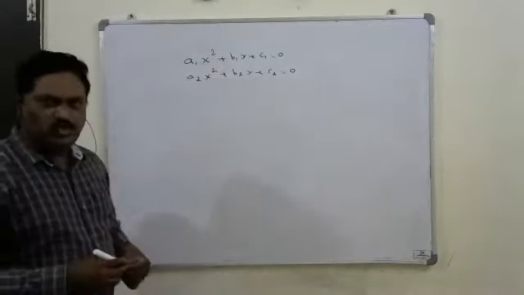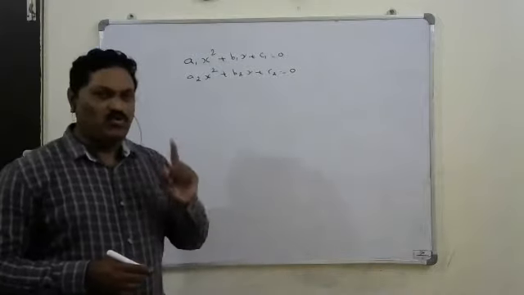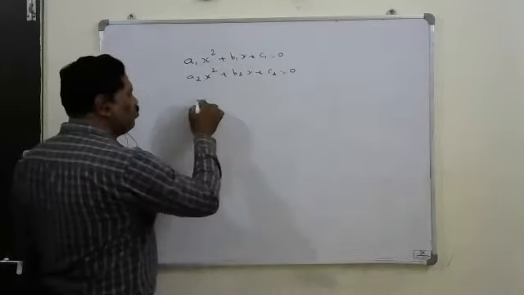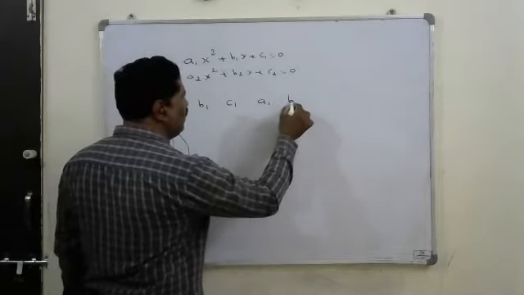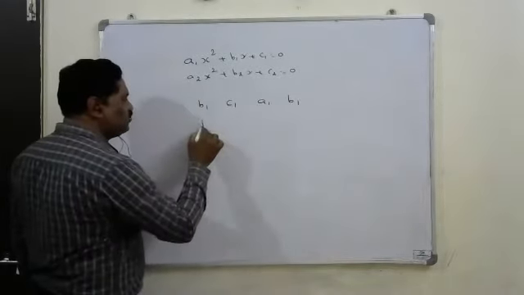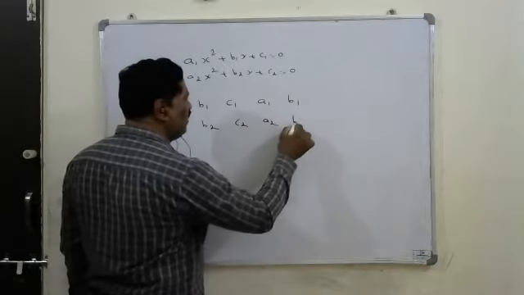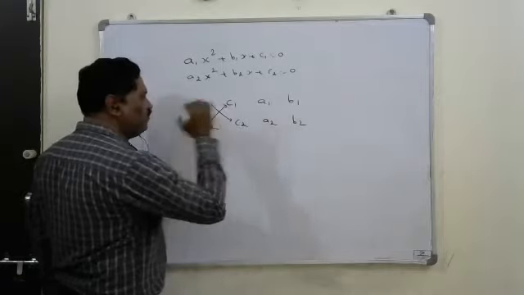Then the condition is that first write the coefficient of the middle term, constant, coefficient of the first term, again middle term. For the second equation also the coefficient of the middle term, constant, coefficient of the first term, then middle term. Then do this cross multiplication pairwise.